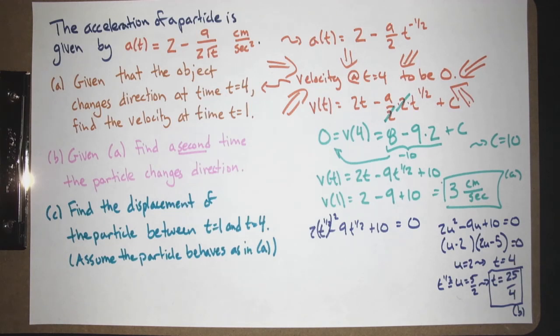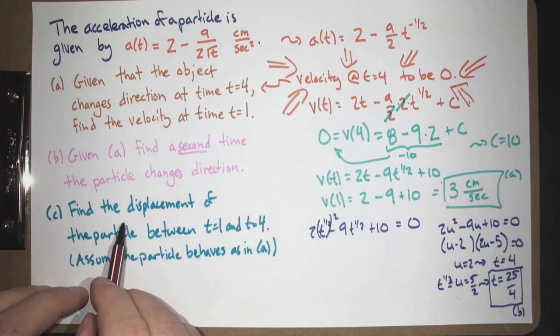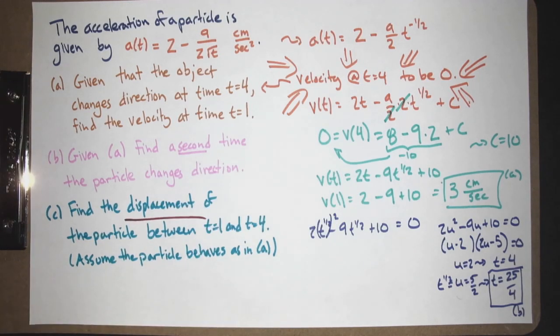All right, part C. Find the displacement of the particle between t equals 1 and t equals 4. Now, displacement, that sounds like a fancy word. What does displacement mean? It's what? Volume? It can mean that in certain settings. Of course, there's the famous story of Archimedes running through the streets, yelling out, "Eureka!